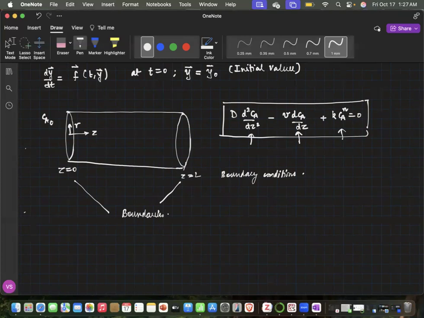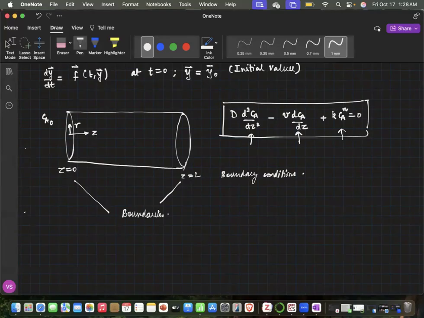But in the pore itself, there is going to be reaction of C_A. So the concentration of C_A is going to change because of these three effects that we have underlined in the differential equation, right? And finally, at the end, that is at z equals L, there is no reaction taking place because the catalyst is no more here.